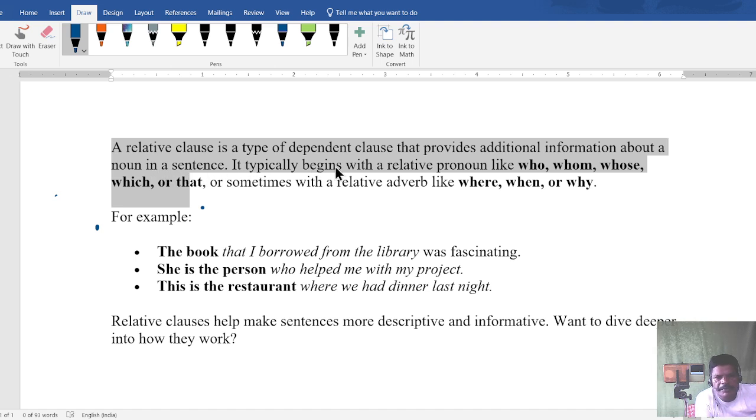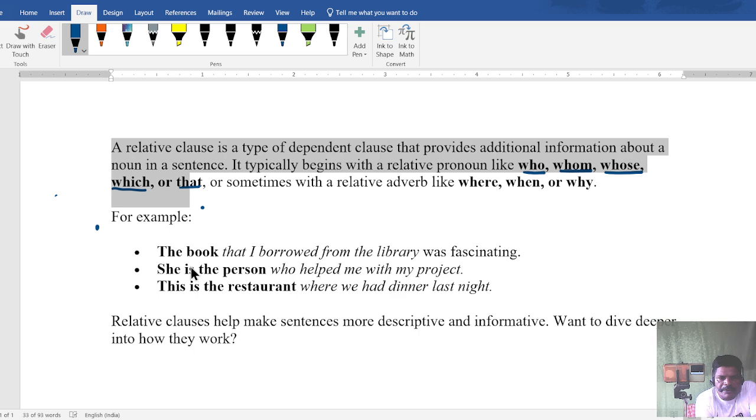It typically begins with a relative pronoun like who, whom, whose, which, that, or a relative adverb like where, when, why.